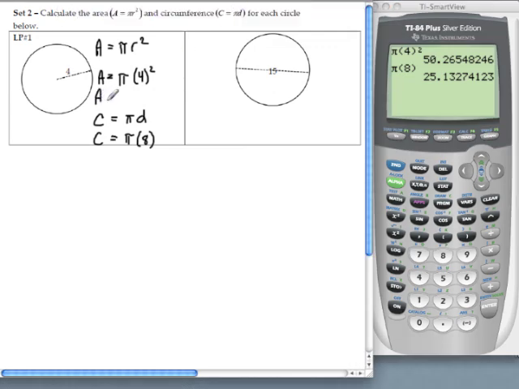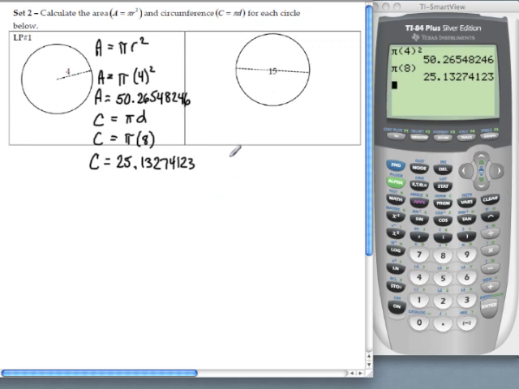So the area is equal to 50.26548.246. And then the circumference is equal to 25.13274.123. So go ahead, finish the rest of lesson practice number 1 and complete lesson practice number 2.